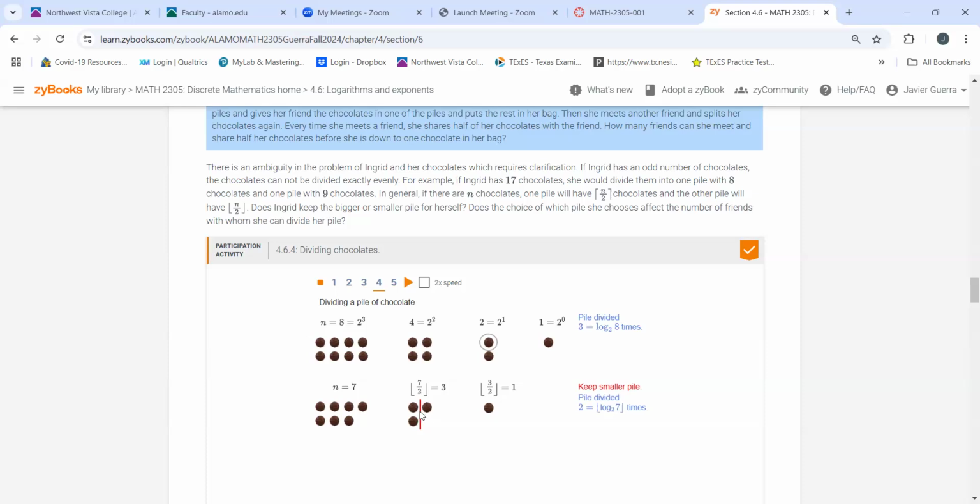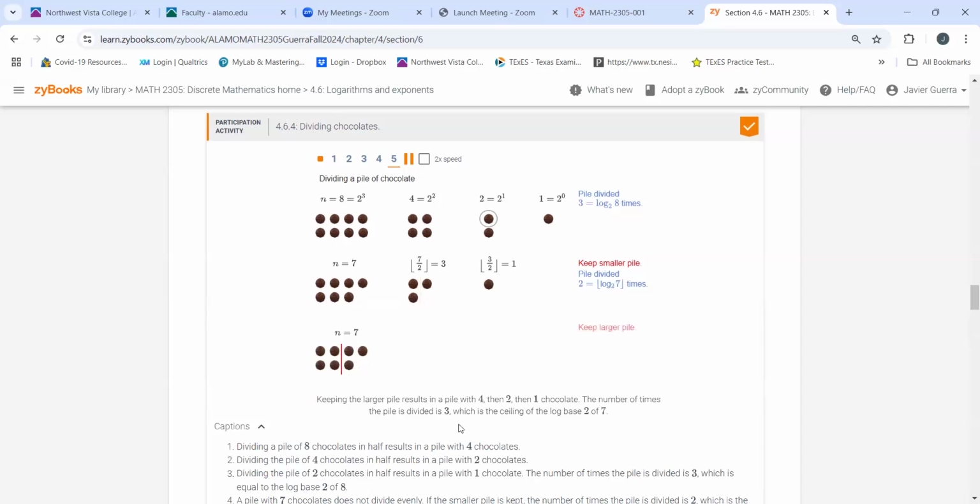All right, so now she gives 2 to her friend and she has 1 left. Well, there's her 1. How many times did it take? The process took 2 steps. So that took 2. So notice, this one required 3. This one required 2.